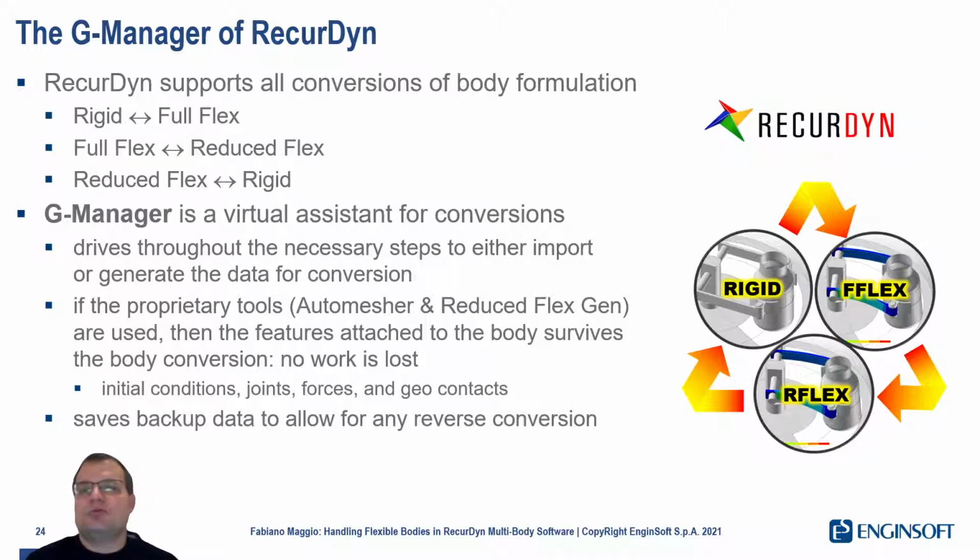The contacts remain active, the joints remain active, the forces you applied remain active. This is very important and it's very helpful. The general manager works better if the mesh is the internal mesh and if the reduced flex generator is the internal one. If you have imported external data, it's still possible to use the G manager, but capabilities are limited.